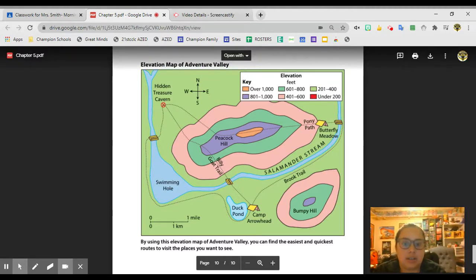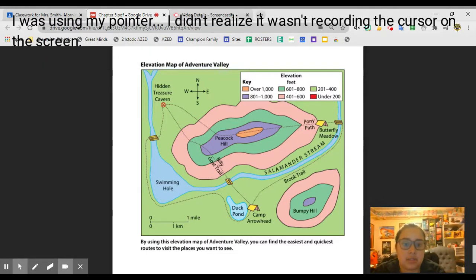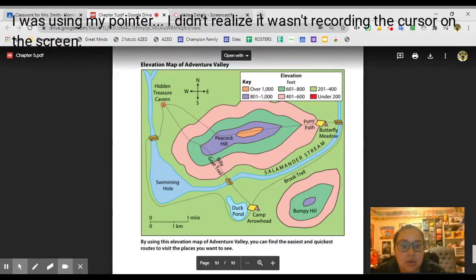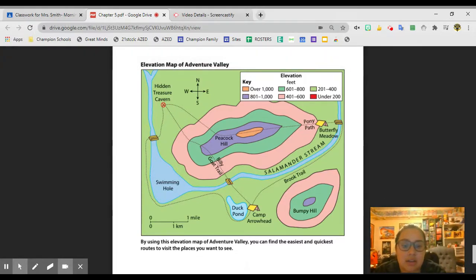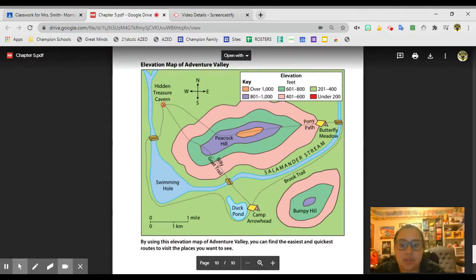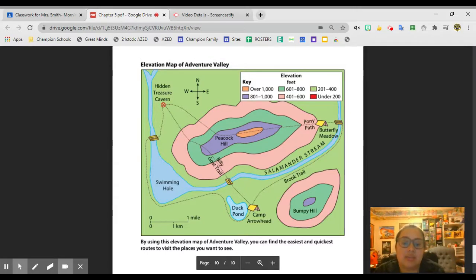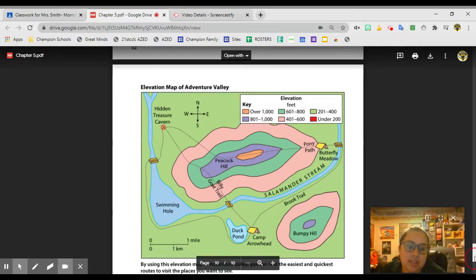Here, we get pretty high up, over 1,000 feet. So it looks like we start going higher and higher on the elevation, and then you're going to have to come back down that elevation. Whereas on Brook Trail, we might feel as we're going longer around, but we're staying on flat land. So by using this elevation map of Adventure Valley, you can find the easiest and quickest routes to visit the places you want to see.